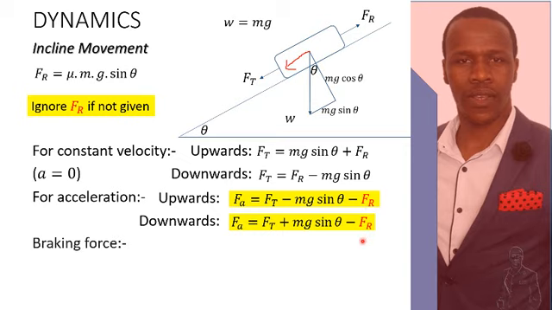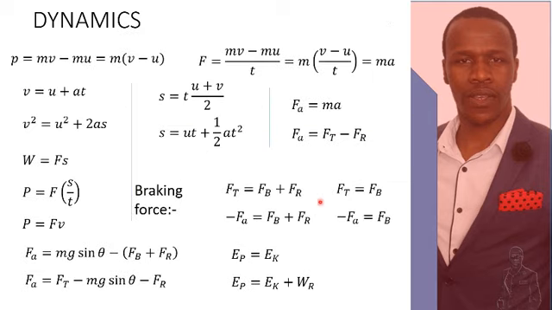And then let's move to the braking force. Now for the braking force, I will not dwell on it the way I did here. I made sure you understand braking force here. I had 4 different formulas saying that if you have friction and do not have FA, this is the formula to go with.